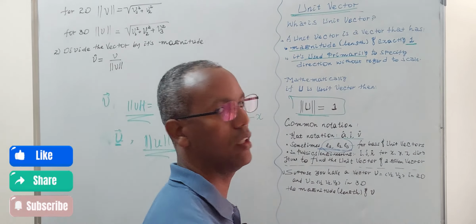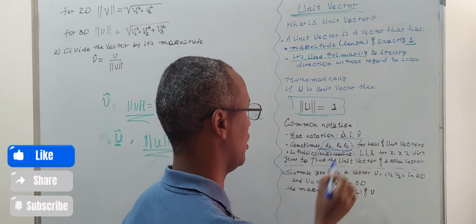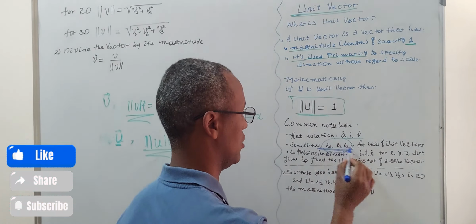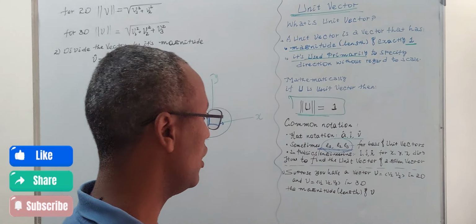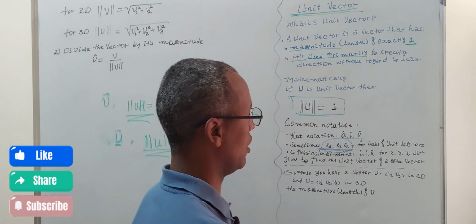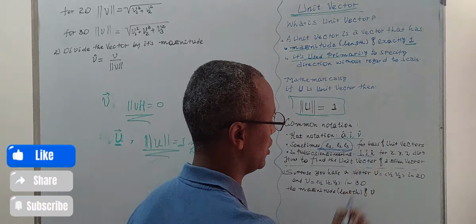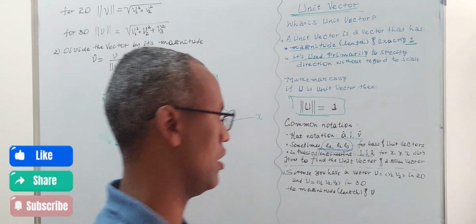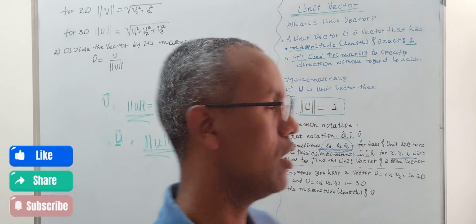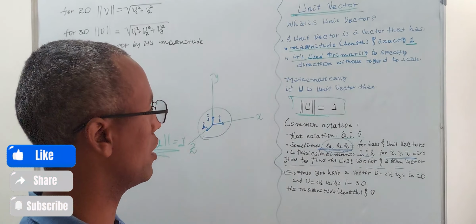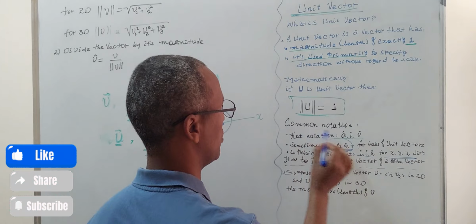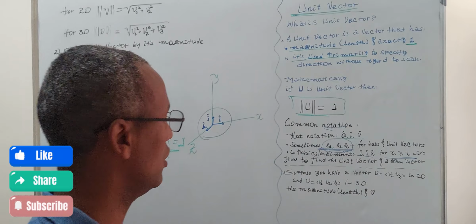Maybe we will see in the future how to use this notation in quantum mechanics. Anyway, that's another topic. Like I said, we can use i, j, k for the x, y, z coordinate system. These are how you can represent the unit vector.